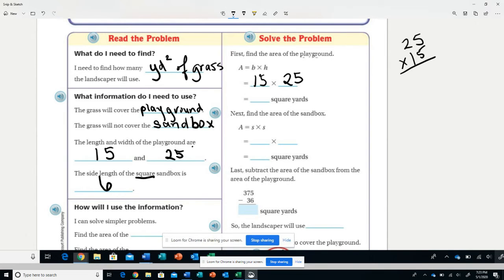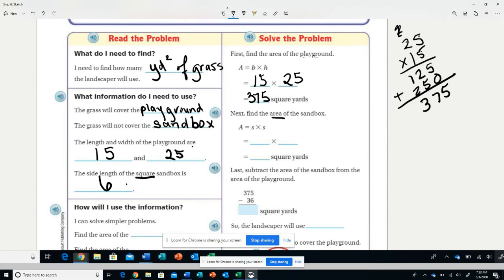We're going to do some quick math here, where 5 times 5 is 25, carry a 2, 5 times 2 is 10, plus 2 is 12, placeholder 0, 1 times 5 is 5, 1 times 2 is 2, we don't need that anymore, and add up here to get 375 square yards.